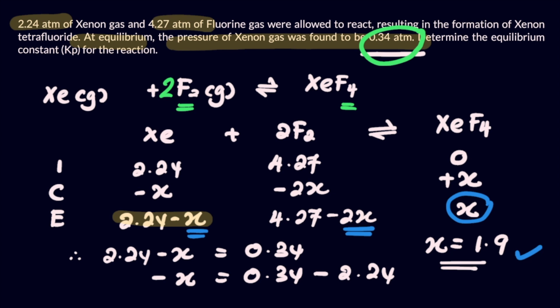Because we already know that this value is 0.34, and for xenon tetrafluoride is the value of x itself, what we need to calculate now is the value of fluorine gas.